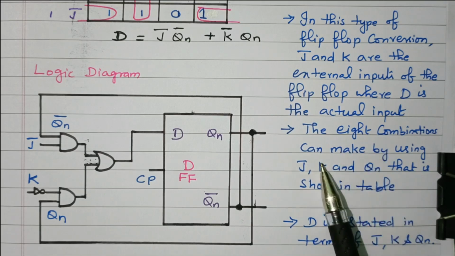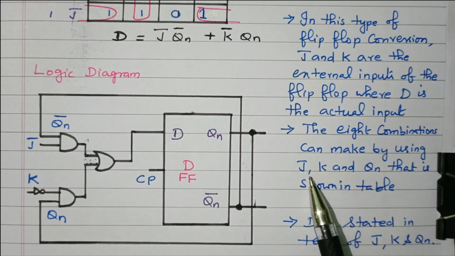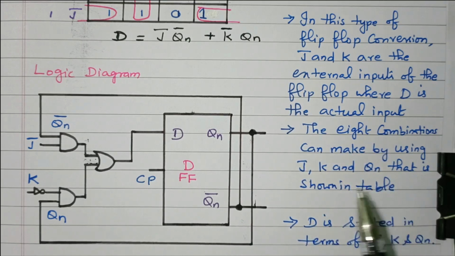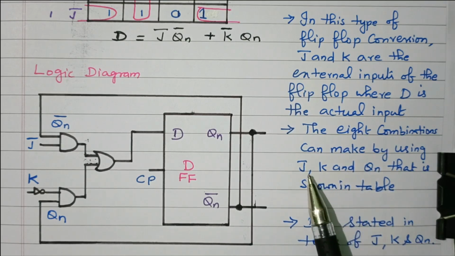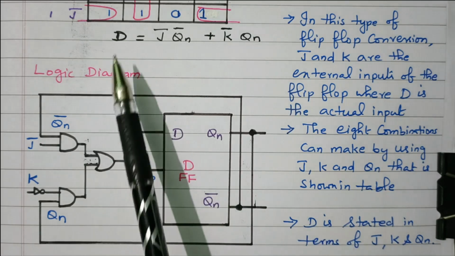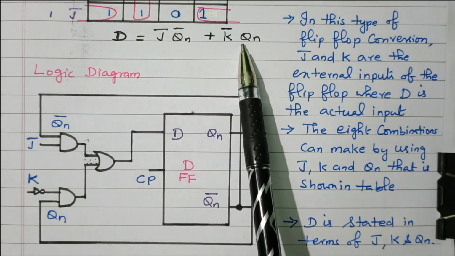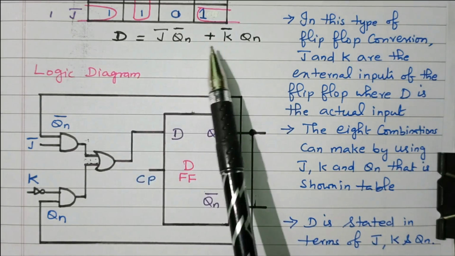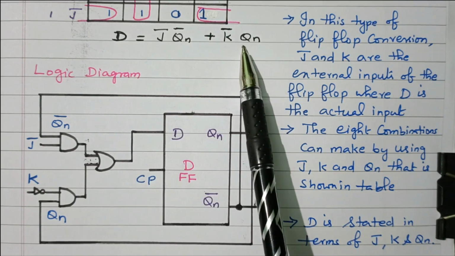The 8 combinations can be made by using J, K and Qn, that's shown in the table. The conversion table we discussed, J, K, Qn are the 3 variables. So based on that 8 combinations are available. Thus D is stated in terms of J, K and Qn. That is, J, Qn bar plus K bar Qn.